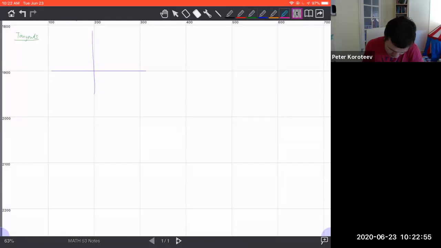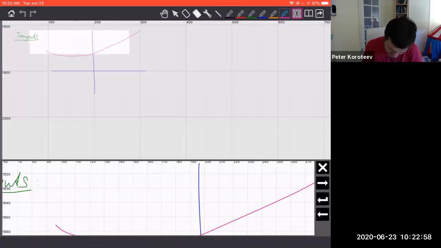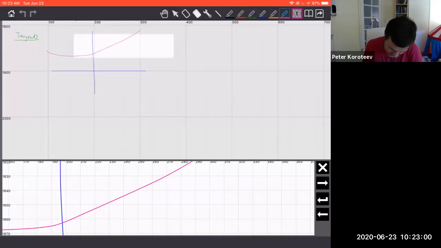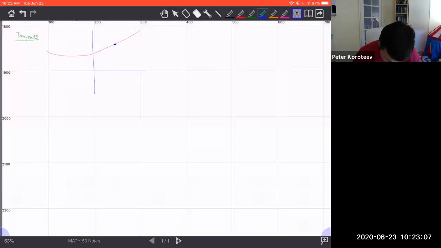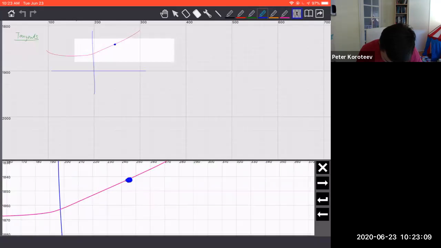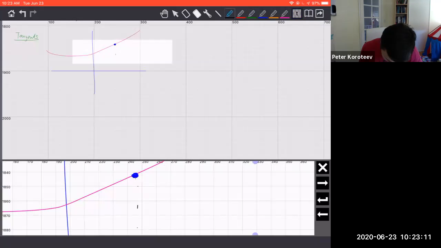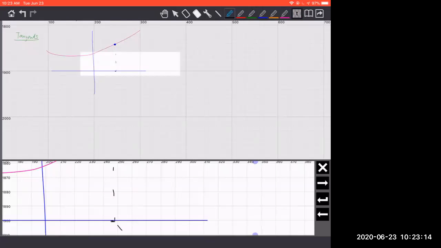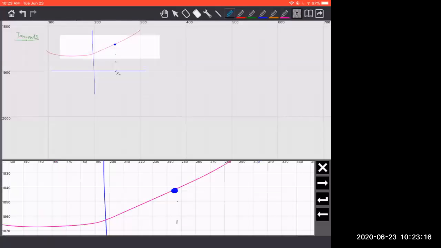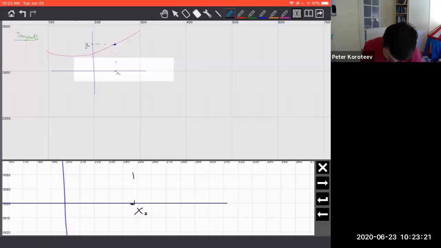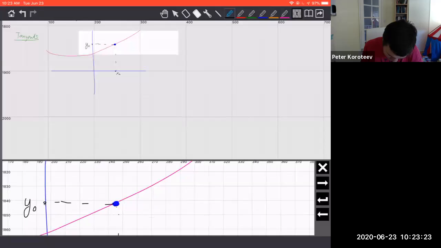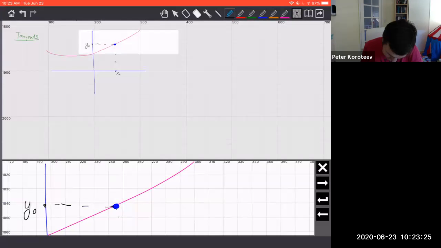Let's say we have a plot of a graph, and we're studying the behavior of the function around some point here with coordinates x0, y0, right? And then you can take another point here.